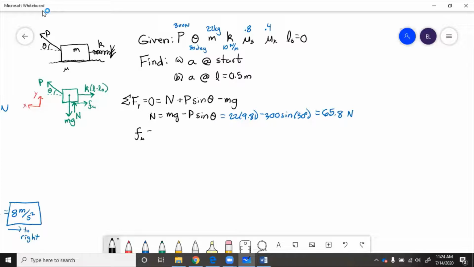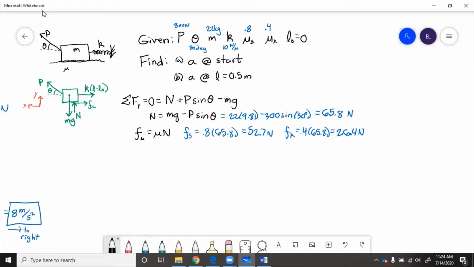And friction force equals mu times normal force. So for static, we use the static coefficient. So that's going to be 0.8 times 65.8, which equals 52.7 newtons. And then for kinetic, we'll have 0.4 times 65.8, which equals 26.4 newtons.